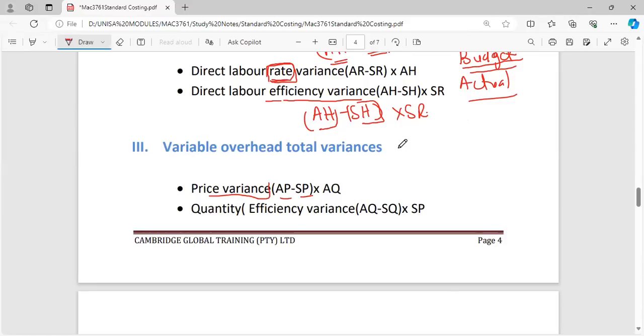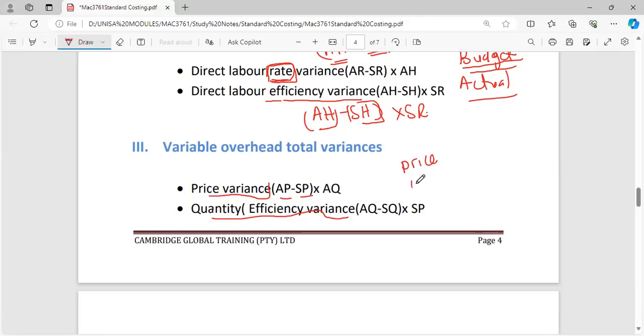So standard costing is one of those topics where you should collect all the marks in the exam, because there is nothing difficult here. It's all about price and quantity.